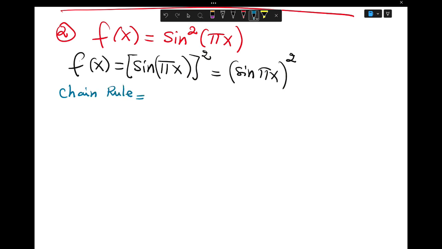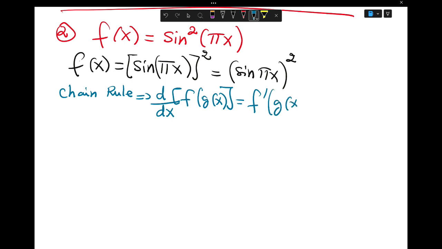So the chain rule says that d over dx of f of g of x equals f prime of g of x multiplied by g prime of x.